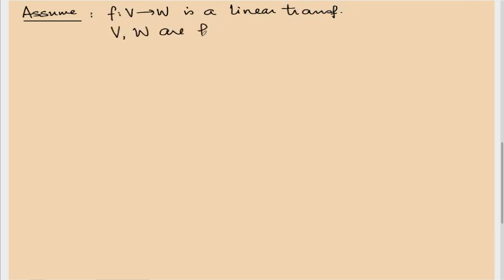Assume F is a linear transformation, and V and W are both finite dimensional vector spaces.